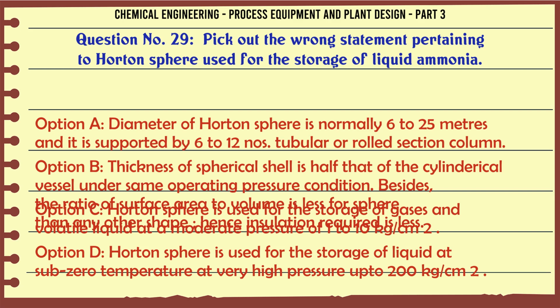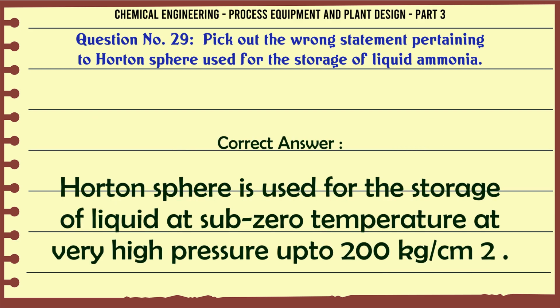C. Horton sphere is used for the storage of gases and volatile liquid at a moderate pressure of 1 to 10 kg/cm2. D. Horton sphere is used for the storage of liquid at sub-zero temperature at very high pressure up to 200 kg/cm2. The correct answer is Horton sphere is used for the storage of liquid at sub-zero temperature at very high pressure up to 200 kg/cm2.